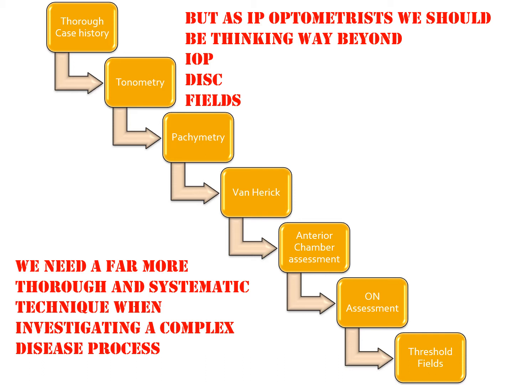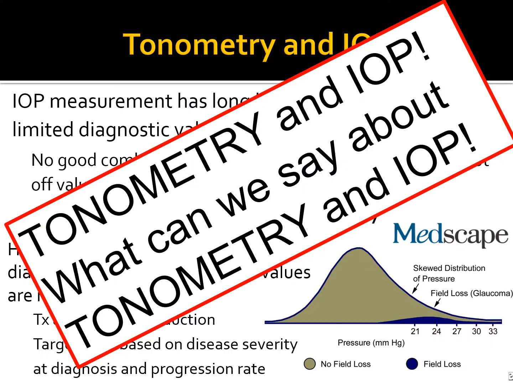Then finally we go to the optic nerve, and then finally we do fields. And fields obviously have to be the final thing in my opinion, because the choice of technique that you're going to do for fields has to reflect all the other stuff. It should never be a pre-test, obviously. But we have to stop thinking IOP, discs, fields, in my opinion.